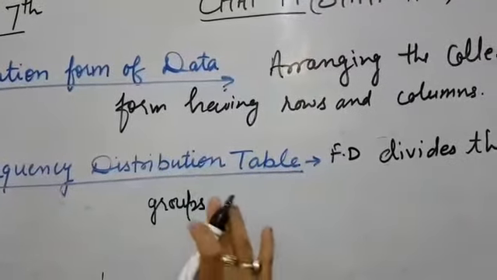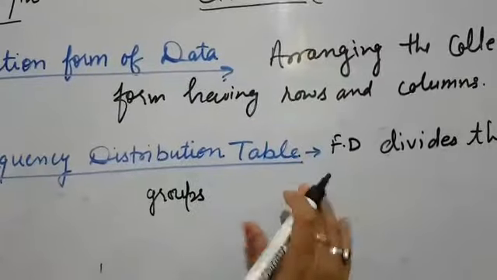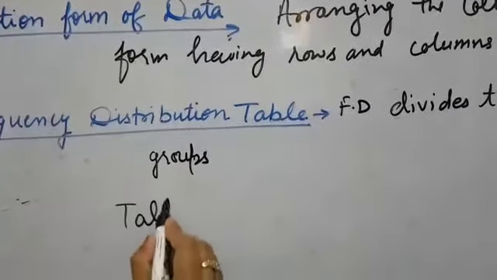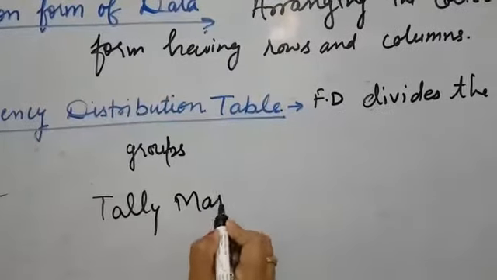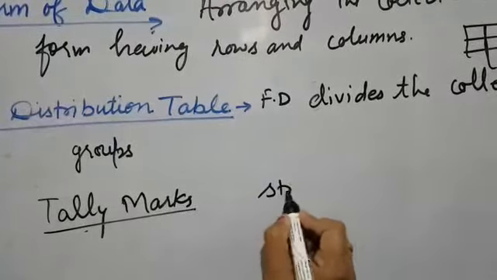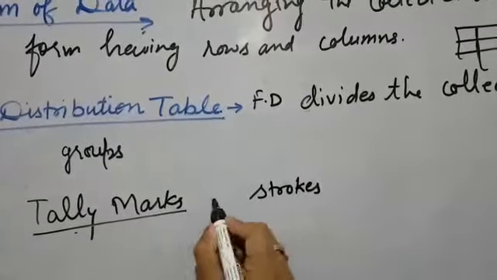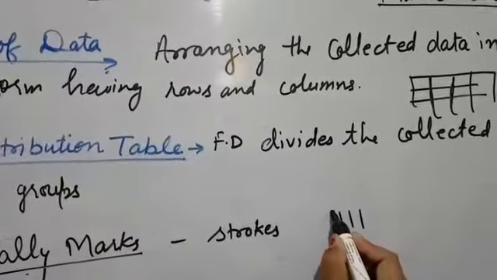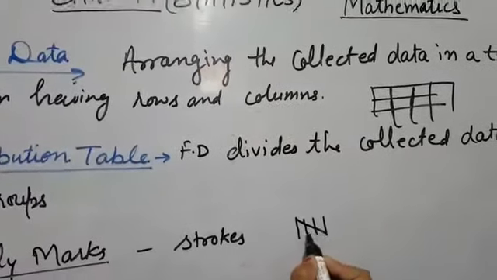For the frequency distribution table, we use tally marks. And what are tally marks? They are also called strokes. Strokes are vertical lines like this, and the fifth one is a diagonal line.